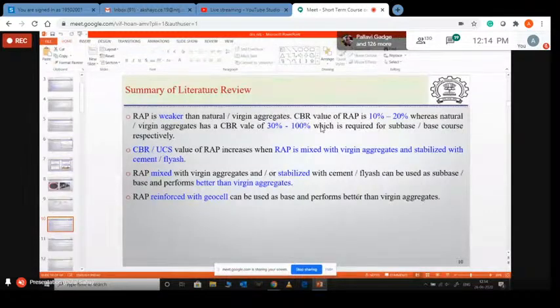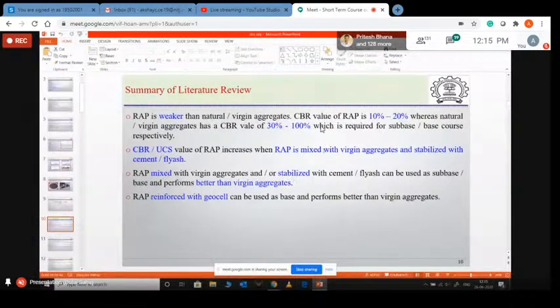It needs some sort of improvement, and that improvement, till now, what people have said is either it is mixed with virgin aggregates, or mixed with virgin aggregates and stabilized with cement or lime, fly ash, cement or fly ash. Here what I tried to do is I did not mix RAP with virgin aggregates. I tried to mix with another waste, that is crusher waste, which is available in huge quantity in each road project.